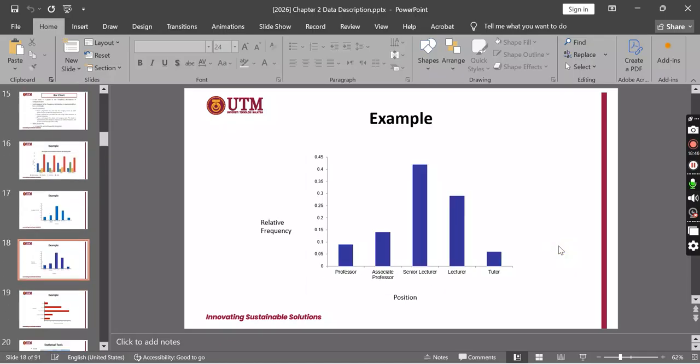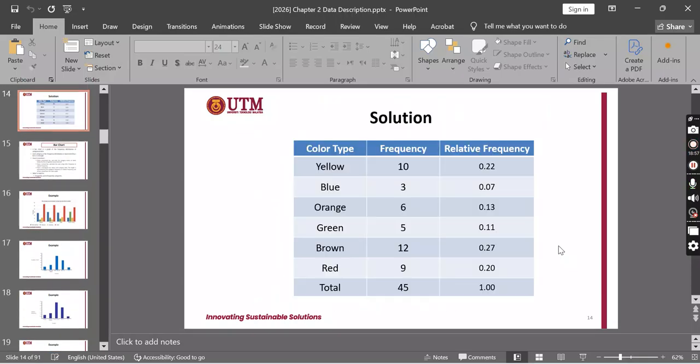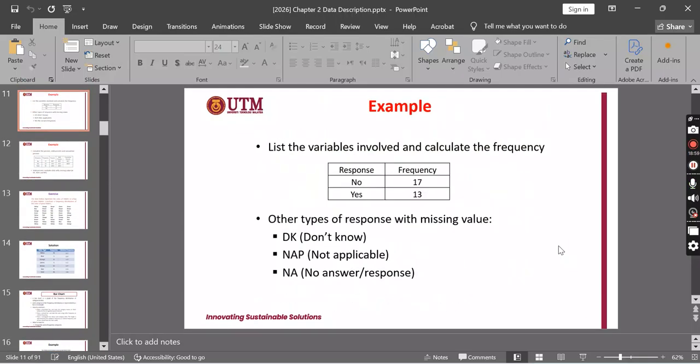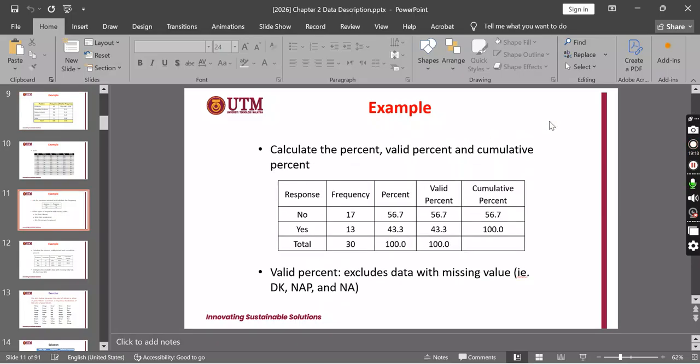And if we want to show the bar chart of the position by using relative frequency, let us go back to the table. The first relative frequency is 0.09, the second is 0.14, the third is 0.42. If you want to make the bar chart for the positions using relative frequency, it will be like this.